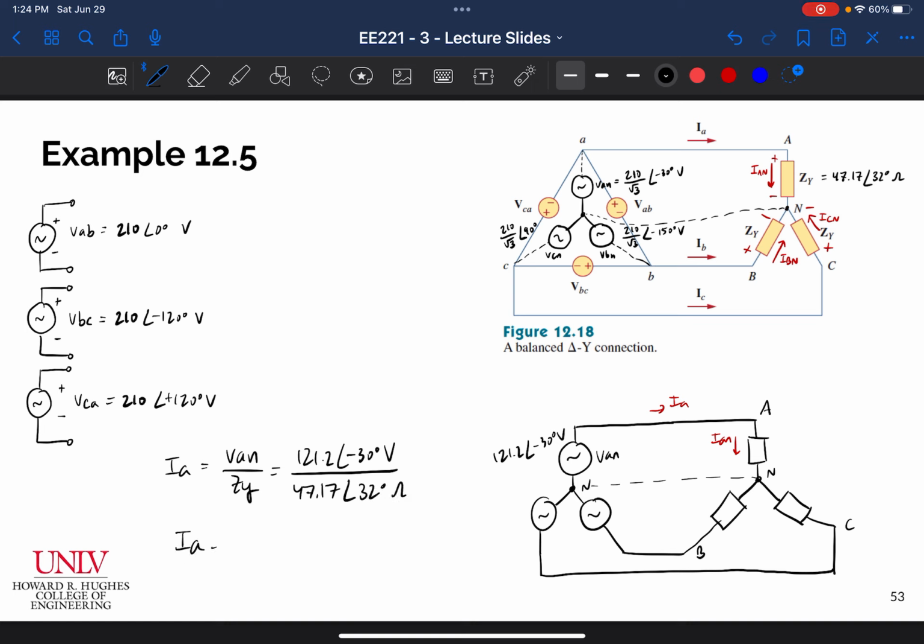And I can find IA, let me throw this in my calculator, 121.2 divided by 47.17 gives me 2.57, angle negative 30 minus 32 is negative 62 degrees amps, and that is going to be my line slash phase current, right? Of course, because this is also equal to IAN, and I can find IBN and ICN the exact same way, okay? Let me make sure that that's correct from the book. Is this the correct answer that they got? 2.57 angle negative 62. Yep, that's correct.